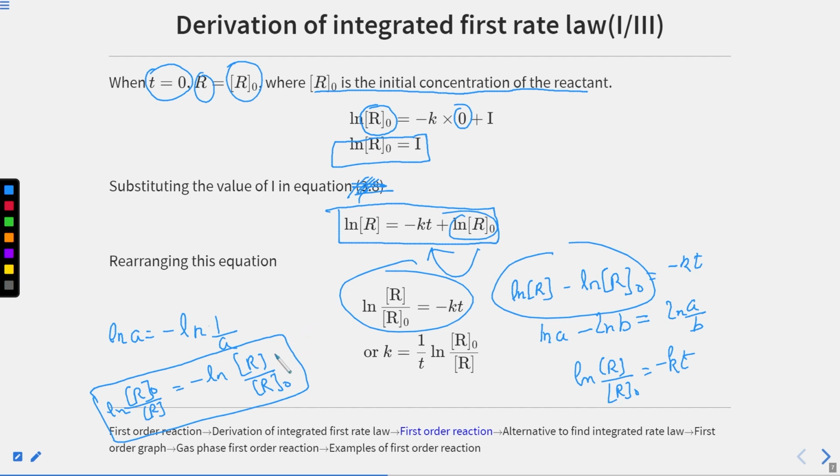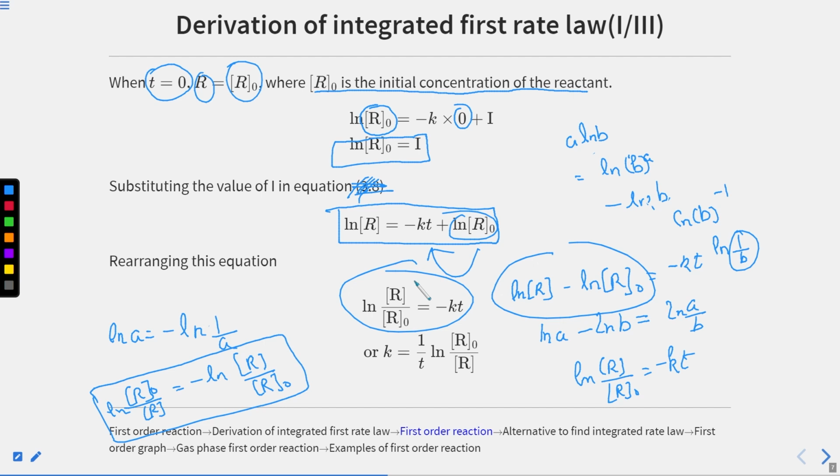Now how do we get to this point? Very simple to understand, there is a general property which says that A into ln B is equals to ln B to the power A, only B to the power A. So if we take minus here, minus ln B, that would give us ln B to the power minus 1, and minus 1 means 1 by B. We have done similarly here also.